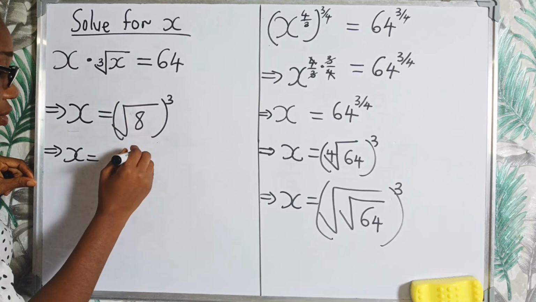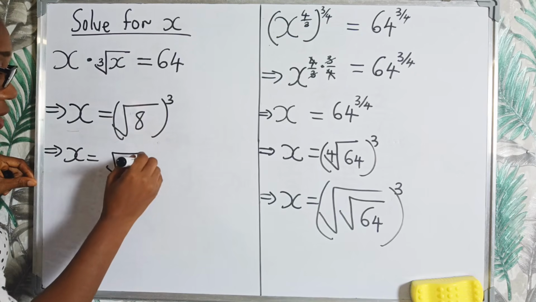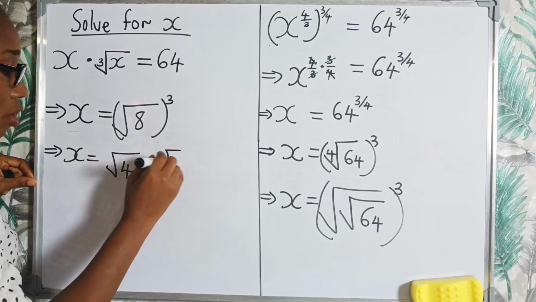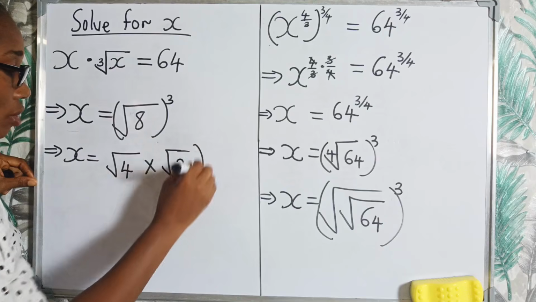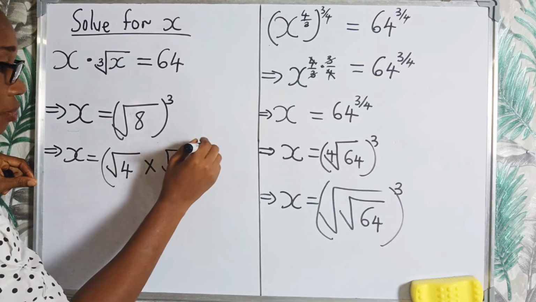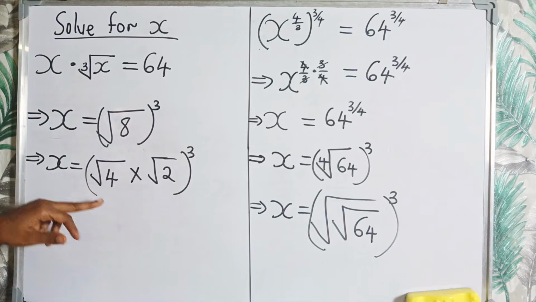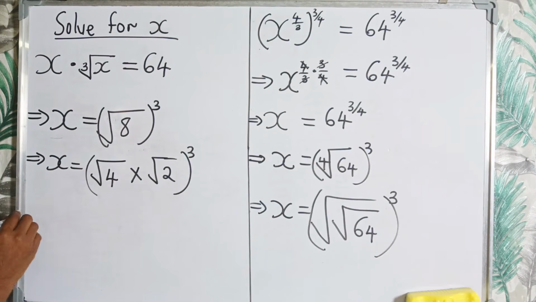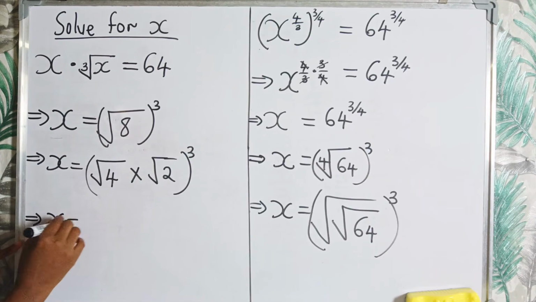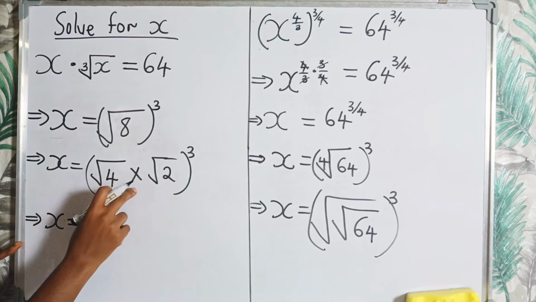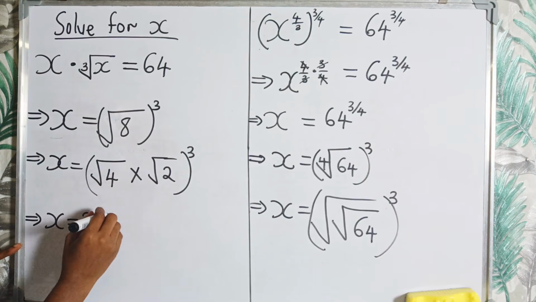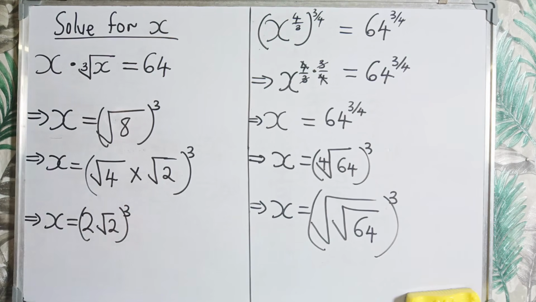We have the square root of 4 times the square root of 2, and remember we are still raising it to power 3. Now here we can simplify root 4. 4 is a perfect square, so the square root of 4 is 2. So now we have x is equal to 2 times root 2, and we raise it to power 3.